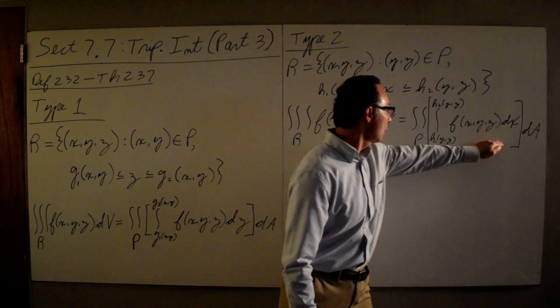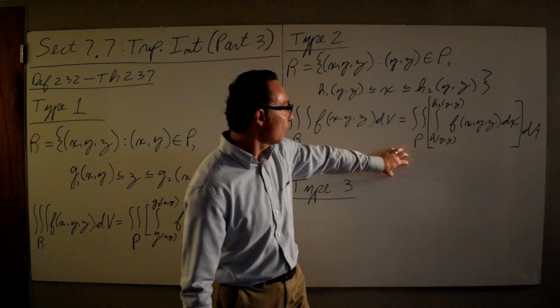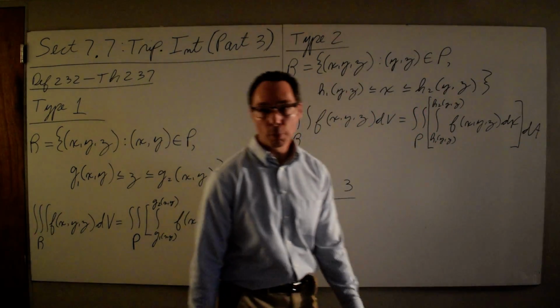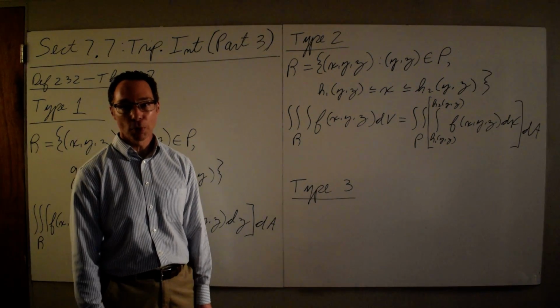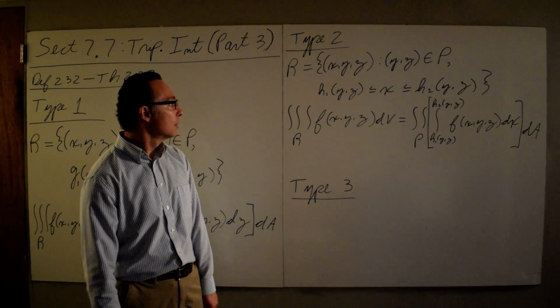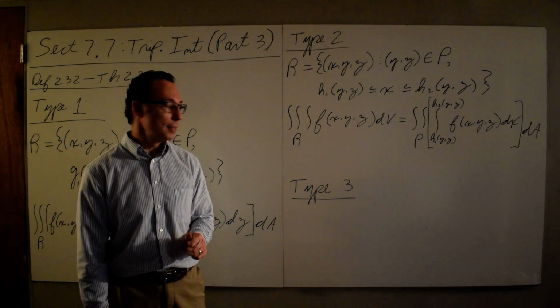After we've calculated this inside integral with respect to x, what we have here is simply a double integral. And I didn't write out the details for a type 3 region, but what's left? In a type 3 region, y is sandwiched between functions of x and z.